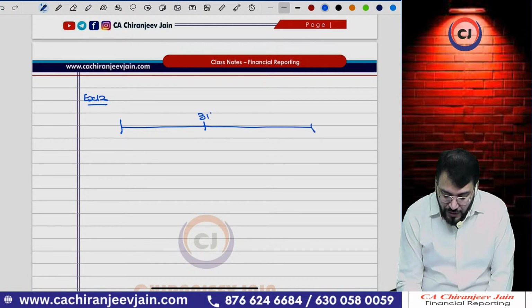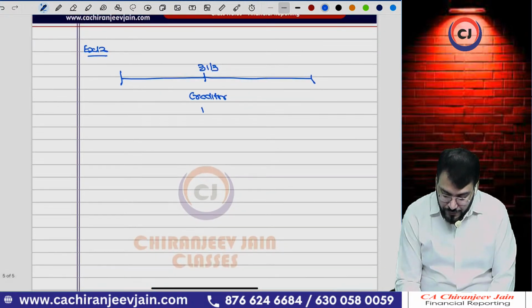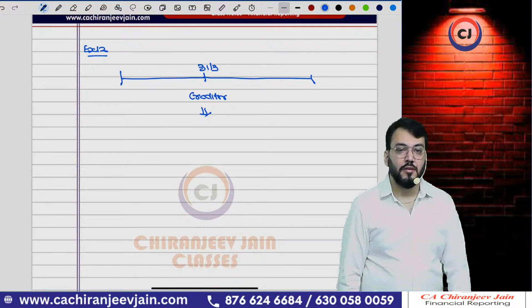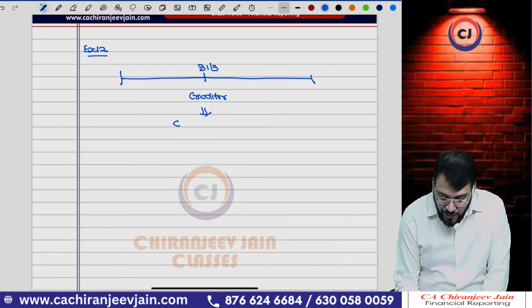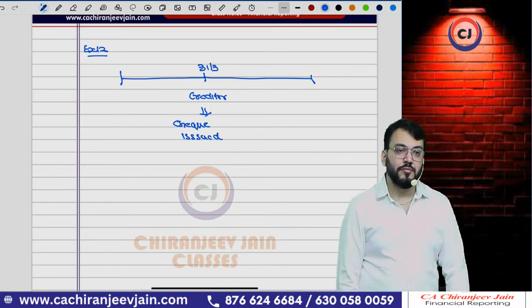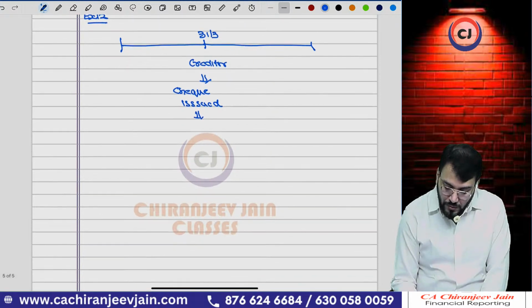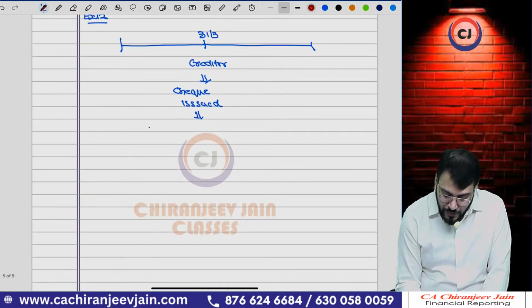Suppose on 31st March there was one creditor and a check was issued on or before 31st March. So what journal entry will you do?